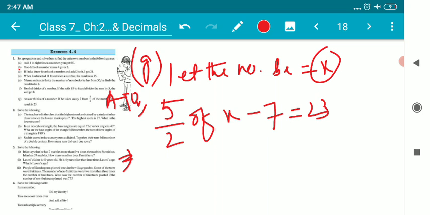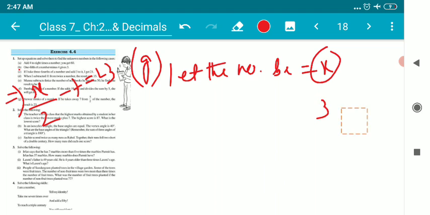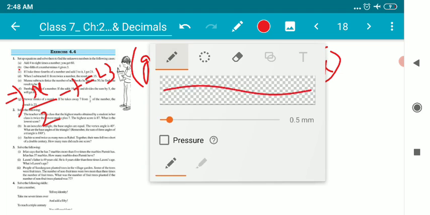Now 5 by 2 into x of means into minus 7 is equal to 23. Children, 5 by 2 into x can be written as 5x by 2 minus 7 equal to 23. Children, I am not holding any space over here, so I'll just simply solve from here once again.